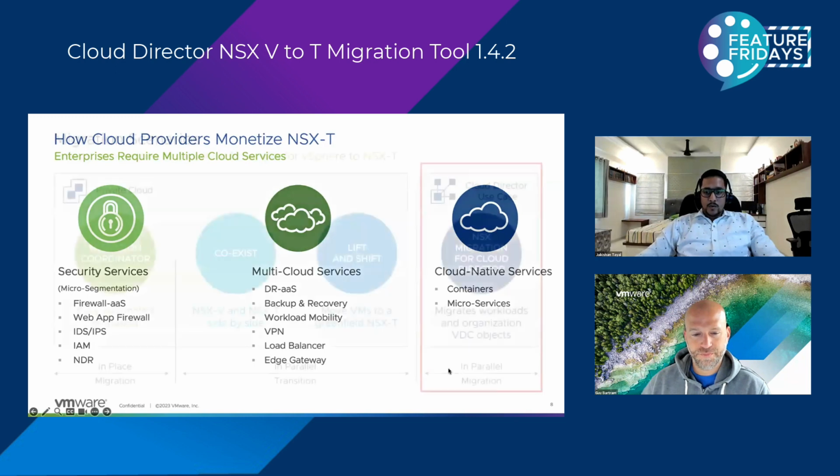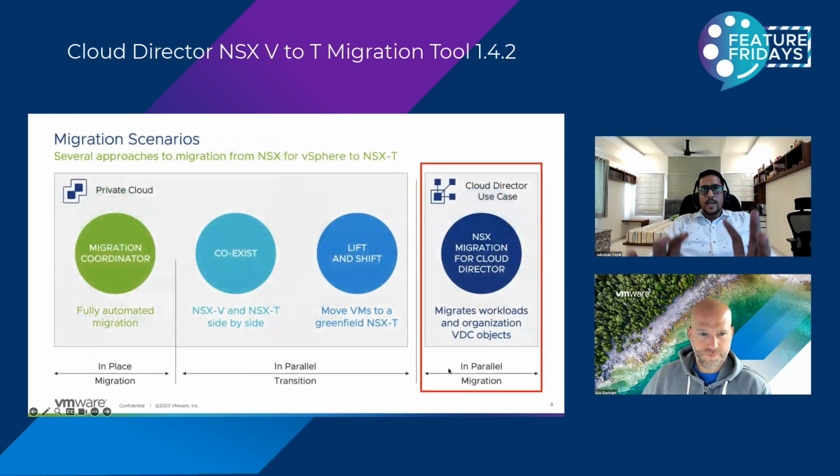All right. Now you have to be very clear about the migration scenario, depending on the environment you have. One is a vSphere environment where you're running NSX-V and want to migrate to NSX-T. In that case, you would use the migration coordinator tool, which is built into NSX-T and not enabled by default.